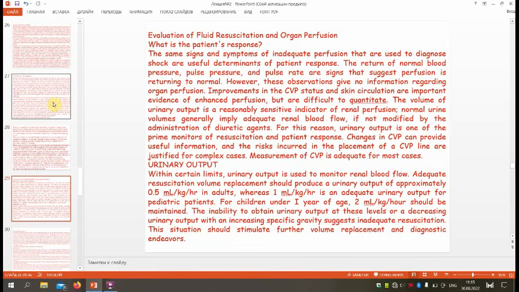For children under 1 year of age, 2 milliliters per kilo per hour should be maintained. The inability to obtain urinary output at these levels, or a decreasing urinary output with an increasing specific gravity, suggests inadequate resuscitation. This situation should stimulate further volume replacement and diagnostic endeavors.